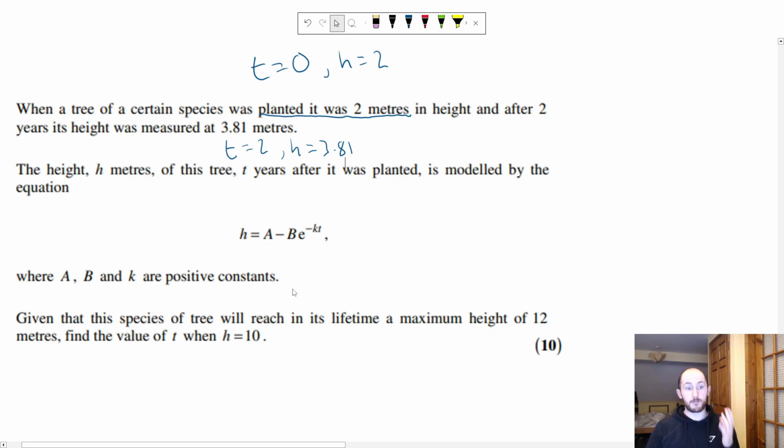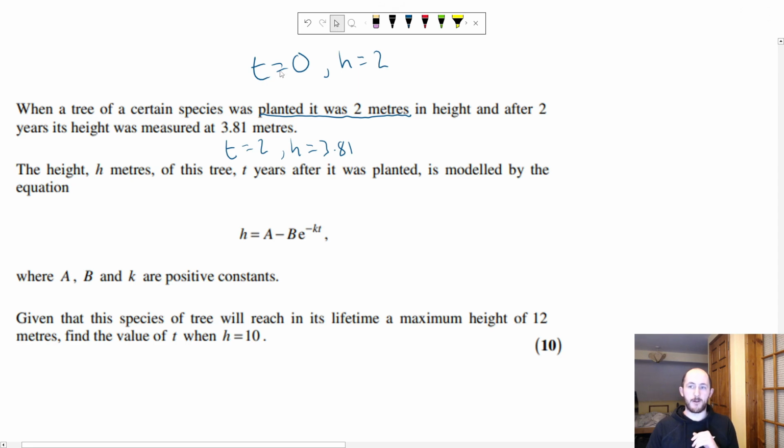The problem here is that we don't know what a, b, and k are. I can't just sub in h equals 10 and work out t, because I'll get a bunch of algebra. I need to work out a, b, and k first, which is exactly why this is 10 marks. If I sub in t equals 0, the exponential becomes 1, which means I'll still have two unknowns: 2 equals a subtract b.